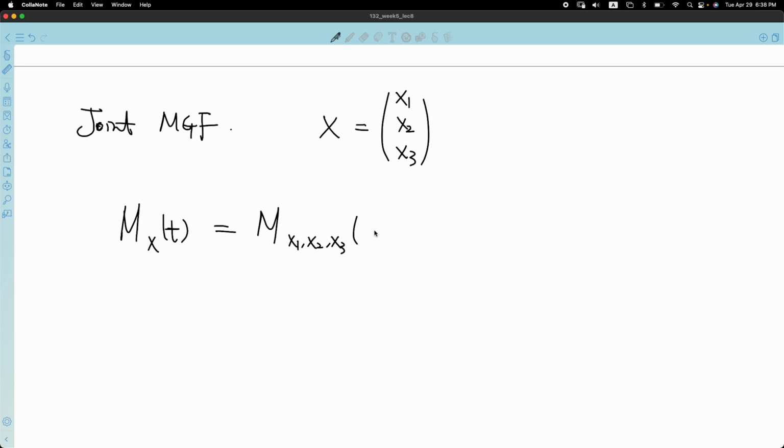Then correspondingly you have t1, t2, and t3. Here I'm just writing element wise. In a subscript you have x1, x2, x3. In the parentheses you have t1, t2, t3. And then you will have a function on the right hand side, some formulation of the moment generating function.